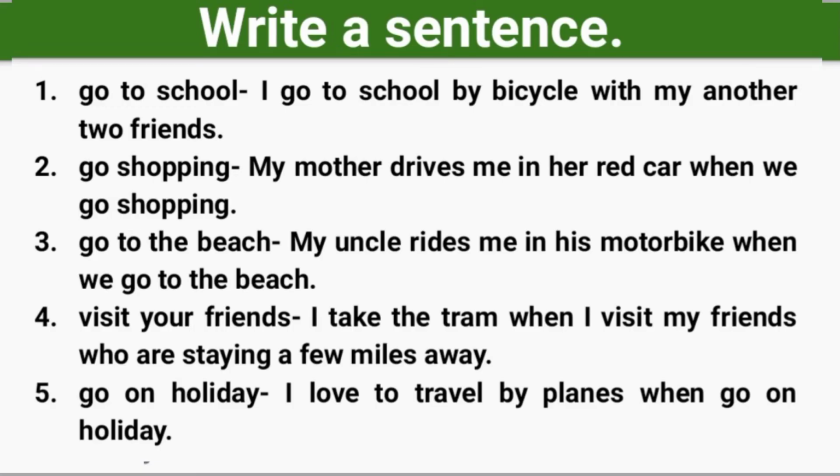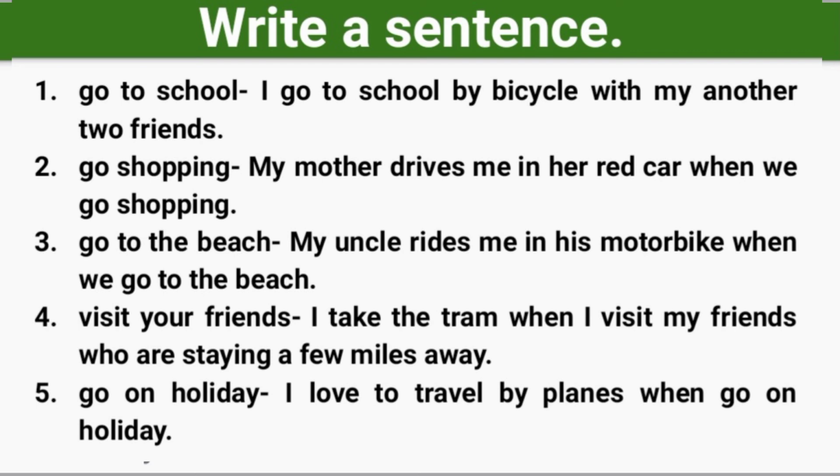Let's have a look at the answers that I have written here. Number 1. Go to school. I go to school by bicycle with my other 2 friends. Number 2. Go shopping. My mother drives me in her red car when we go shopping.